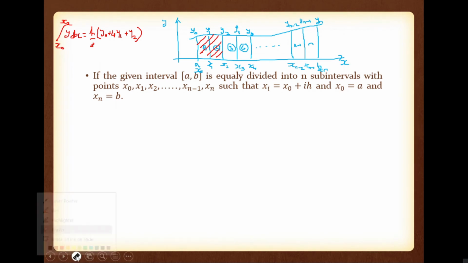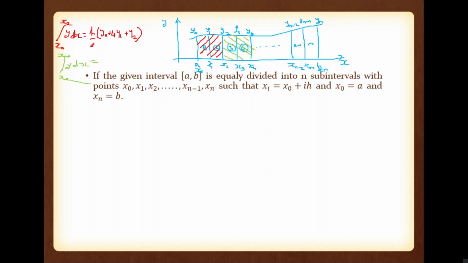So now, what if we combine the next two subintervals, that is these two, the third and fourth subinterval? What can we write? Integral, its starting point is x2, its ending point is x4, y dx equal to what? Again, this integral has 3 points x2, x3, x4.